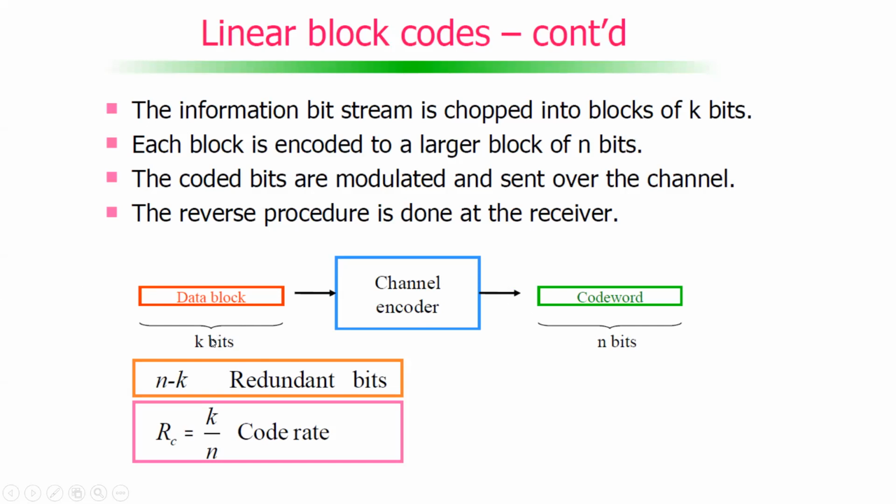So 2 raised to the power k message combinations and 2 raised to the power n code word combinations, right? I require 2 raised to the power k code words from the code book, right?